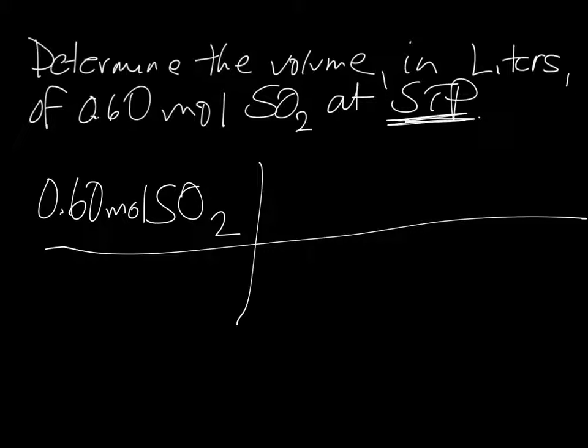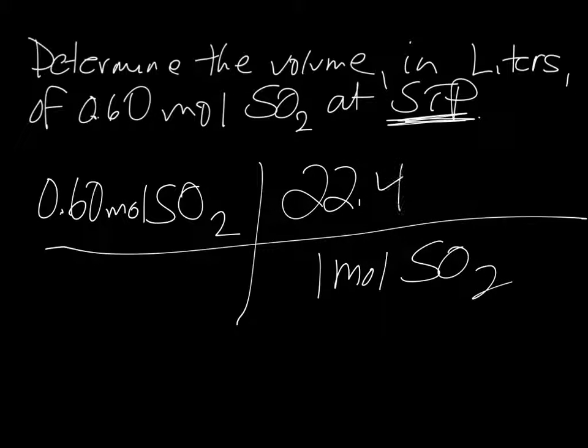All right, in this case, the particles being Avogadro's number, 6.02 times 10 to the 23rd. So I use that conversion so I can cancel out moles. Well, I know 1 mole of SO2 is 22.4 liters of SO2.